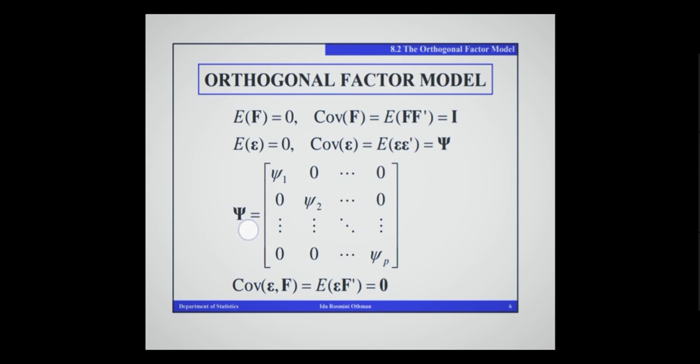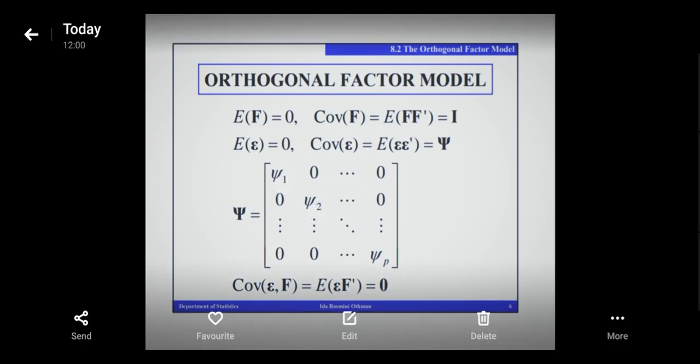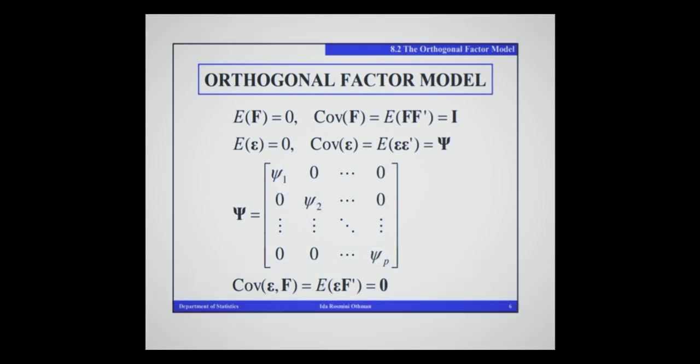Psi ni adalah diagonal matrix of variance of error. Maksudnya, dia punya all the diagonal here adalah value of error variance. Okay. So, ini juga dipanggil covariance, matrix of covariance of error. Okay, all the diagonal here adalah error variance.